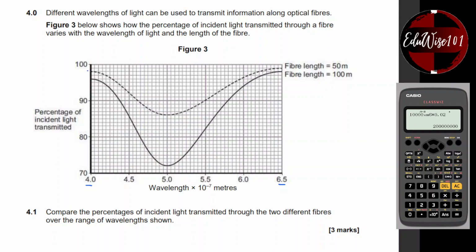So this is starting at 98, so this is 86%. This is 96% and it drops down to 72%.